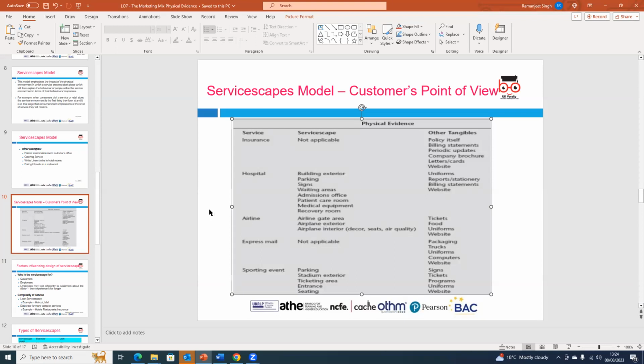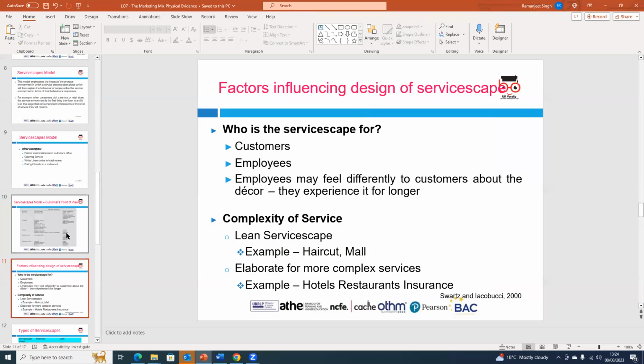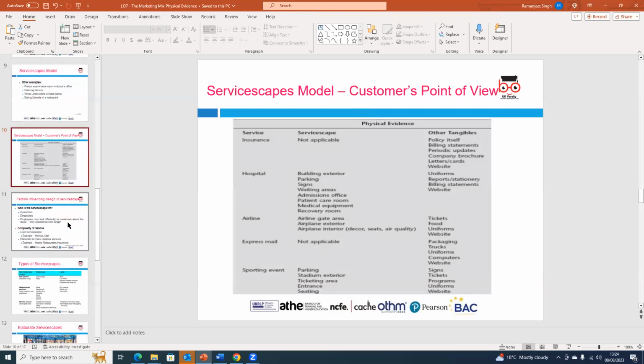So there are many things that you need to see when we are talking about the servicescape model design. Okay, so you need to look at that.